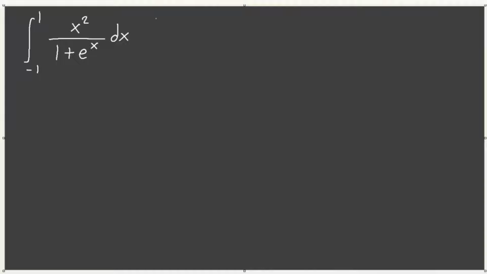So we're going to do u equals negative x. Okay, I'm going to color this yellow. Of course x squared remains the same, but then we get 1 plus e to the negative x.